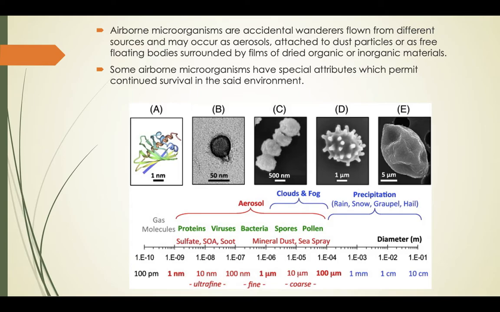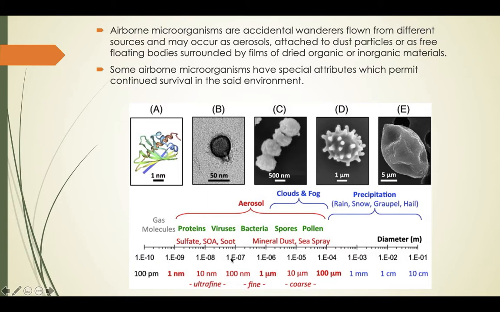Some microbes can also exist as floating bodies that are surrounded by films of dried organic or inorganic materials. For a visual representation, let's take a look at this image. Viruses and bacteria are carried via aerosols, and normally they fall between the range of ultrafine to fine.